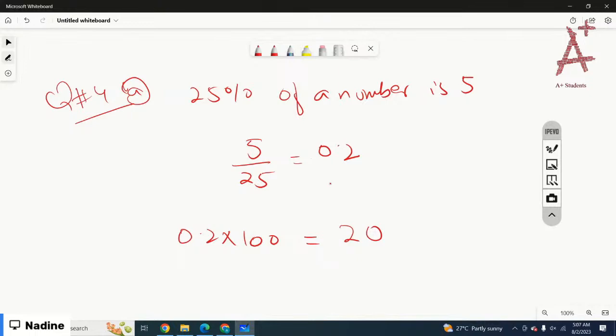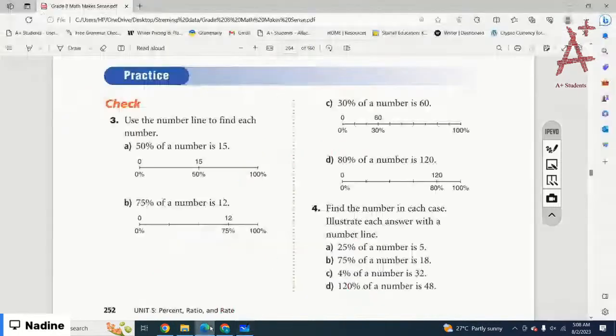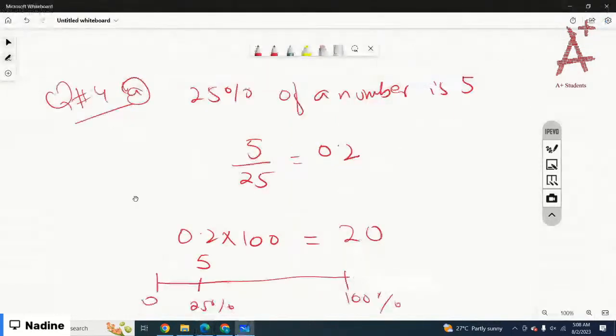You have to represent it on a number line. So you can represent it like this. This is 0 and 100%, and this is 25%, and it is 5, right? Okay, let me do the D part. You have to do B and C exactly the same way. 120% of a number is 48.